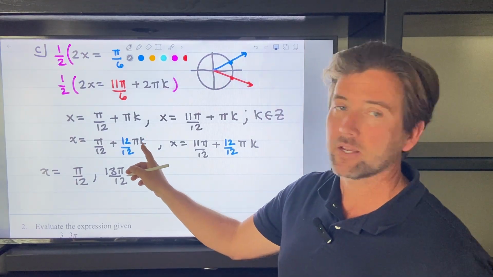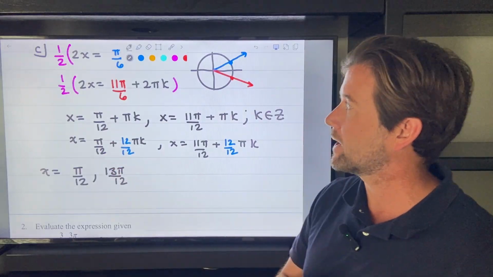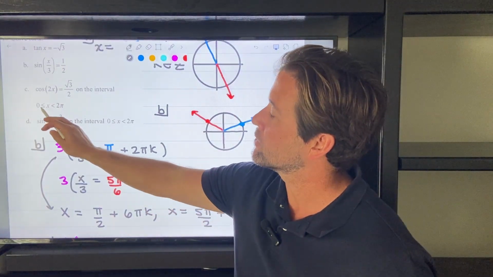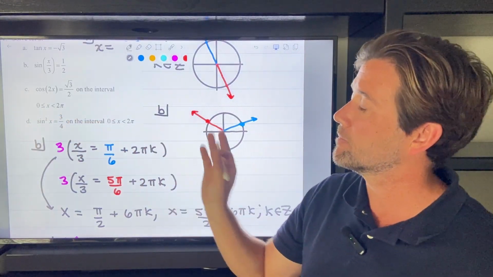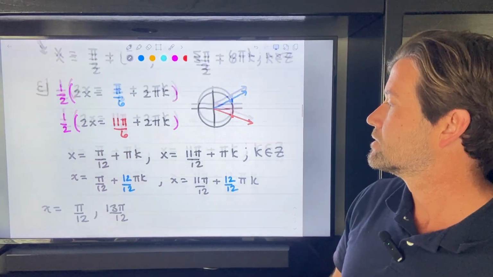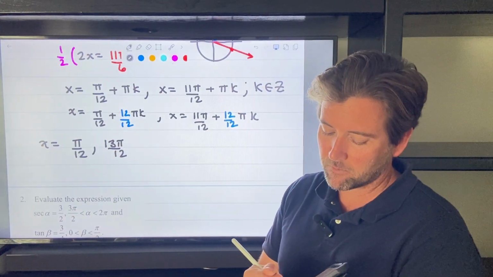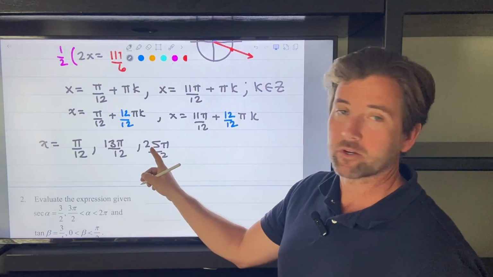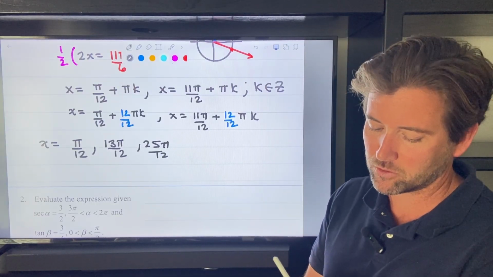If I plug in k equals 2, that means I'll be adding 2 pi to pi over 12, which is out of our bounds. The solutions have to be in between or including 0, but can't even be equal to 2 pi, can't be any bigger than 2 pi. So if I were to plug in k equals 2, the next angle here would be 25 pi over 12. And 12 divides into 25 pi more than 2 pi times. So that cannot be a solution.